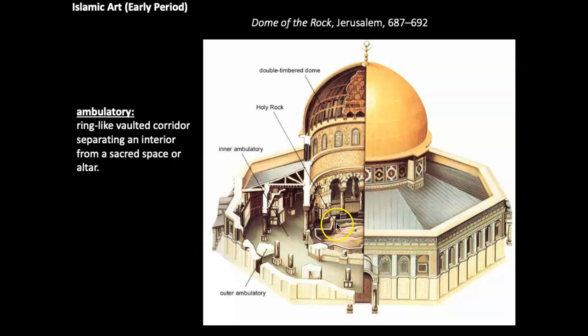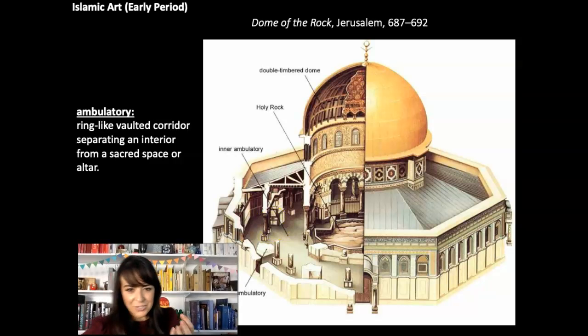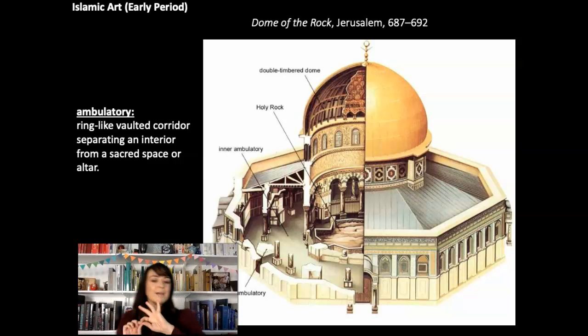So the sacred space is the rock, and we don't want you to walk across it, and so the ring corridor is where you will amble about. Do you hear it in the term ambulatory? To amble is to casually walk. So the ambulatory is saying you amble around the space. Don't amble through the sacred space.